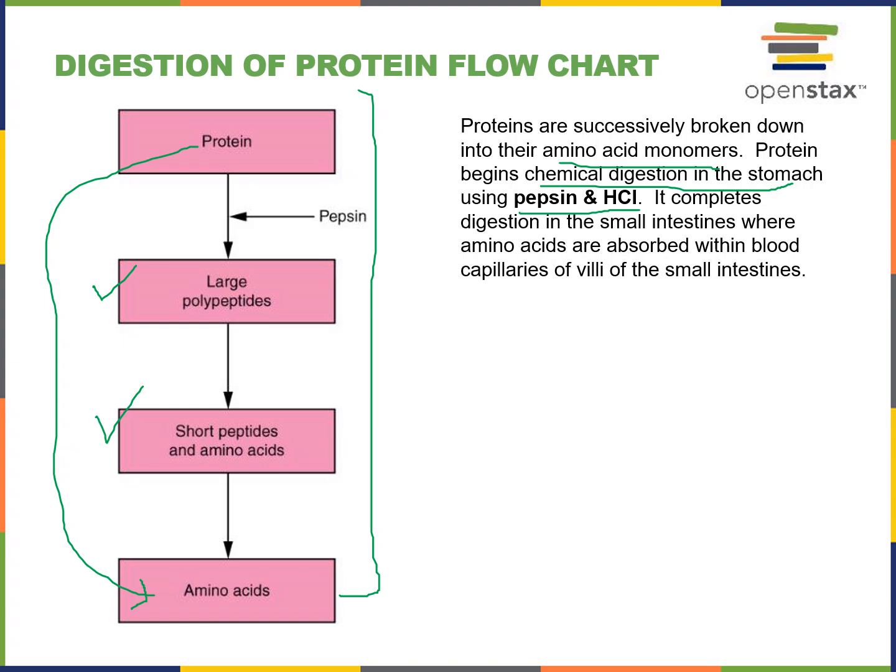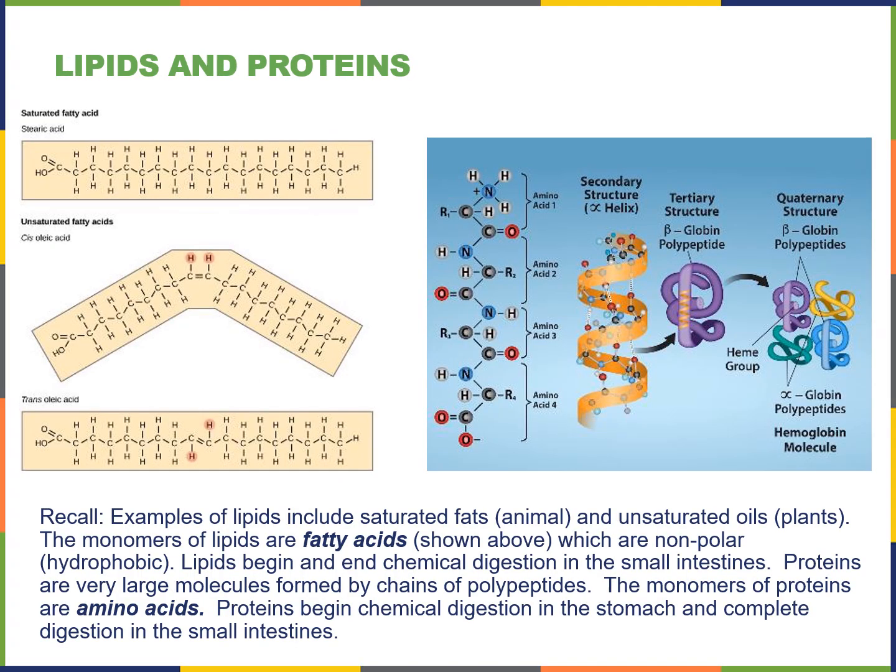So the proteins also will end up, after they're sort of semi-digested, all of these have to get to the small intestines. So that's where the final stages of digestion will occur, but it's also where another process called absorption will occur. And I will be describing those in detail.